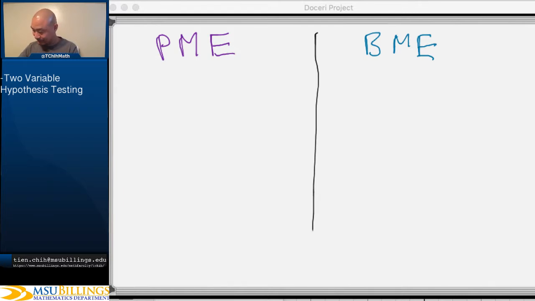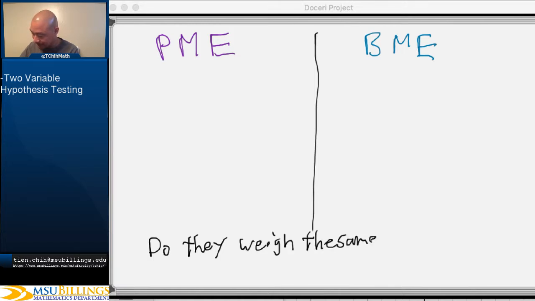And let me give a little bit of space down here. Our researcher has come to ask herself the question, do they weigh the same?